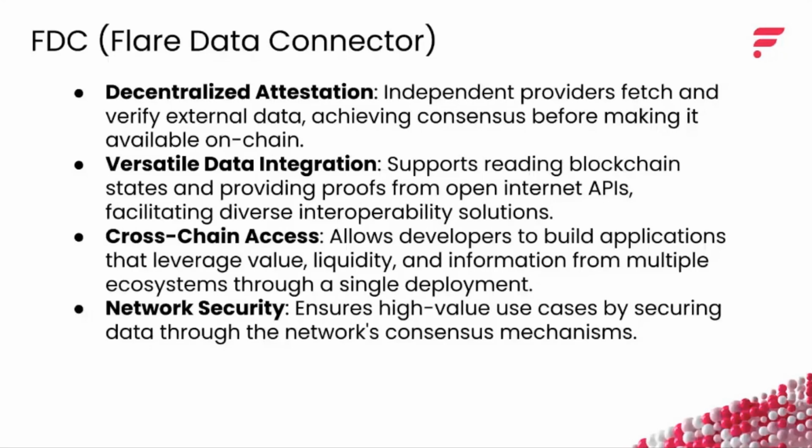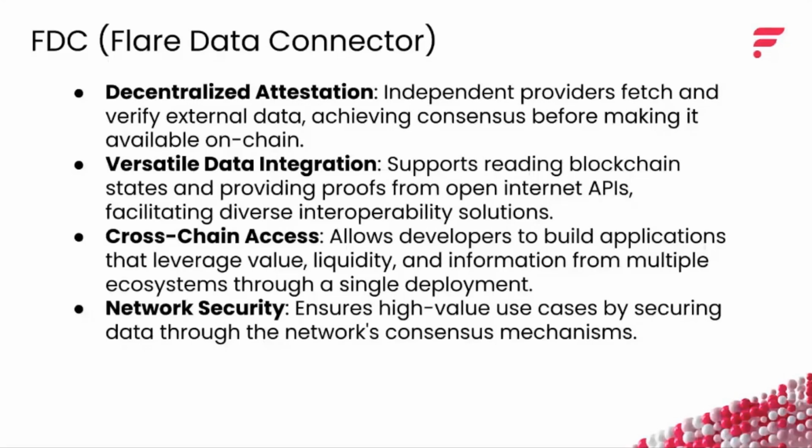The way it does this is that FDC utilizes state connectors, which are unique to Flare, to ensure the trustless verification of that data. Because when you're bringing in information from other chains, you need to verify that the data is accurate.